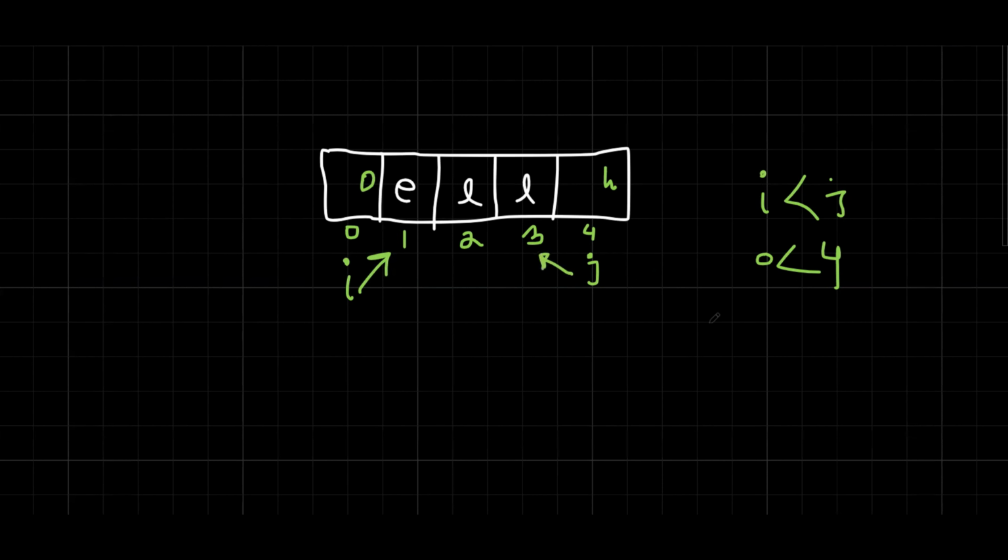Now obviously the value of I, which is 1, is less than the value of J, which is 3. That means we have to swap the corresponding elements. Here the L will come here and the value E will be placed here.